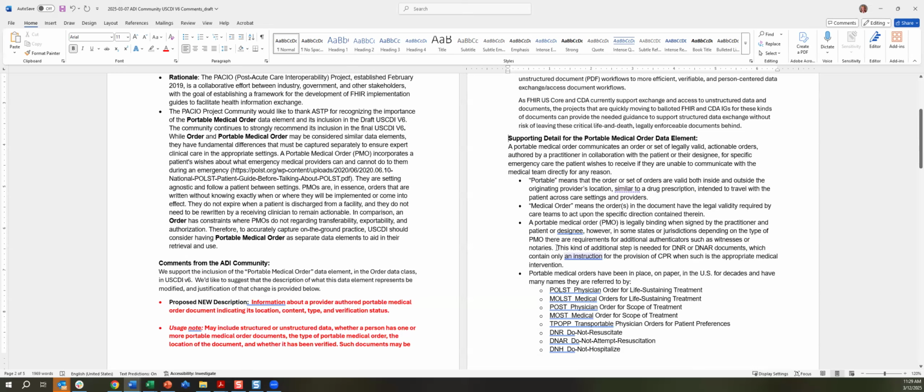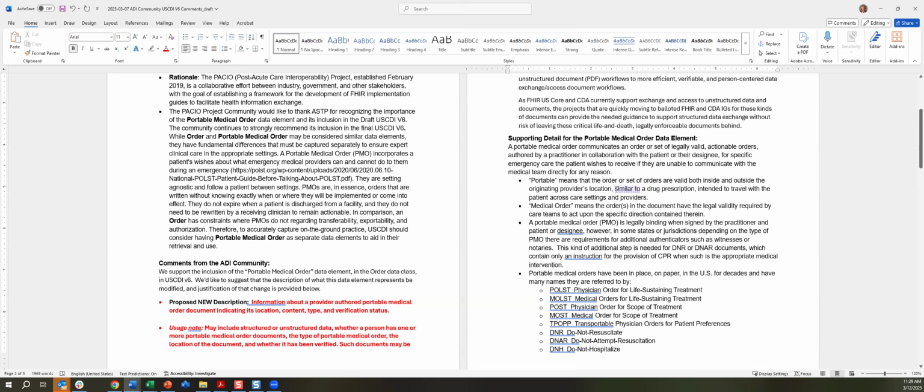And so I tried to provide some additional, I actually needed this for my discussions with HITAC and the ONC and some other folks. So this is background, right? It communicates an order or a set of legally valid actionable orders authored by a practitioner in collaboration with the patient or their designee for specific emergency care that the patient wishes to receive. Why portable?